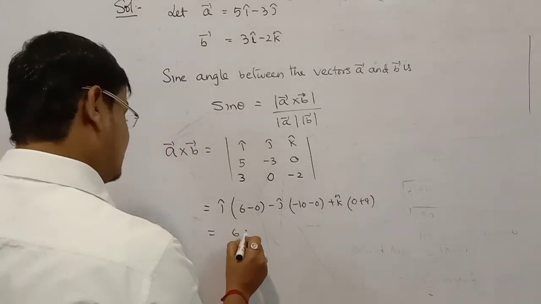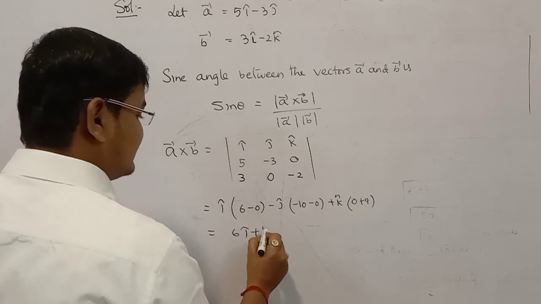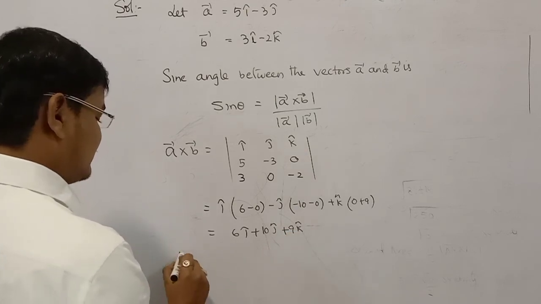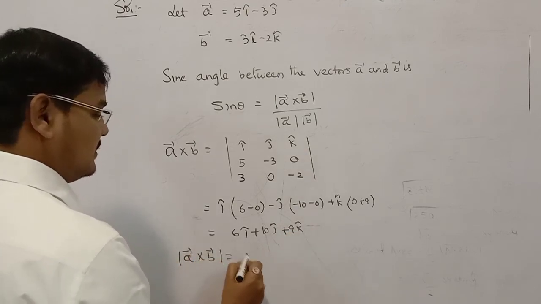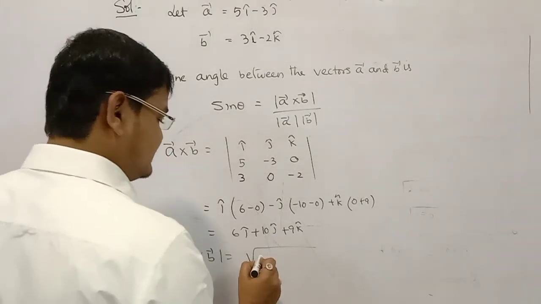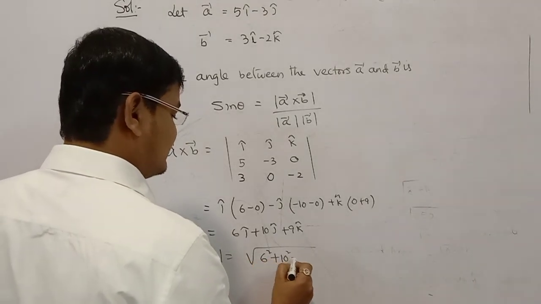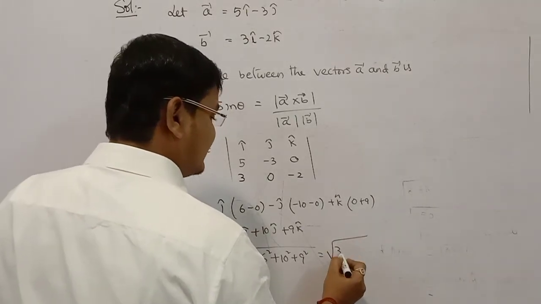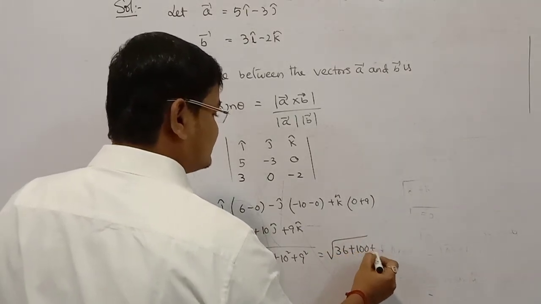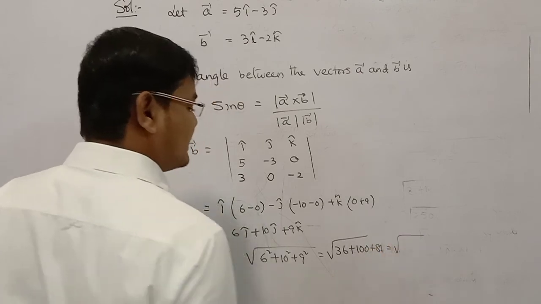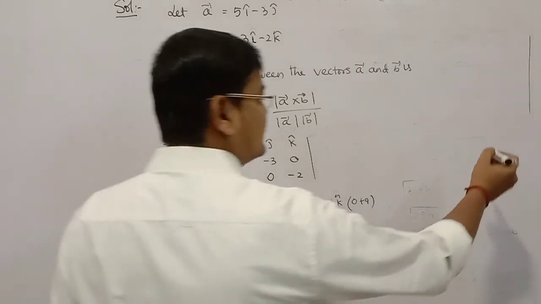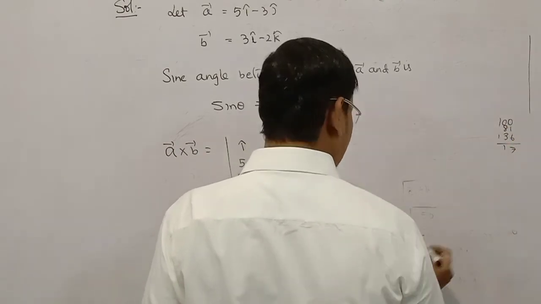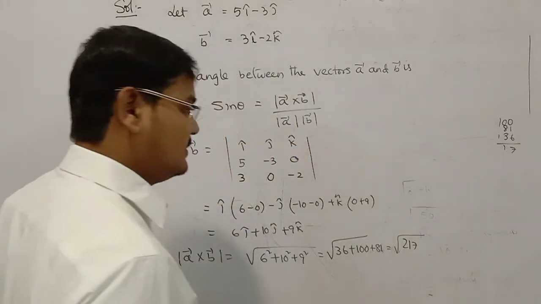That is 6i plus 10j plus 9k. So magnitude of A bar cross B bar is equal to root of 6 square plus 10 square plus 9 square, that is 36 plus 100 plus 81, that is root 217.